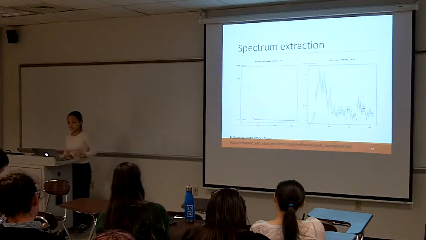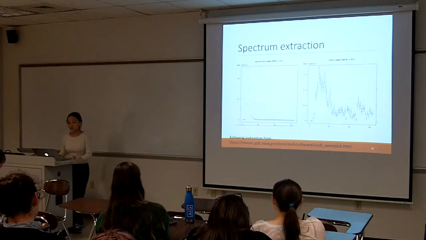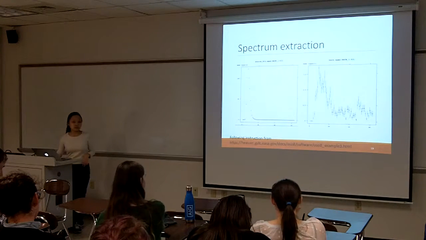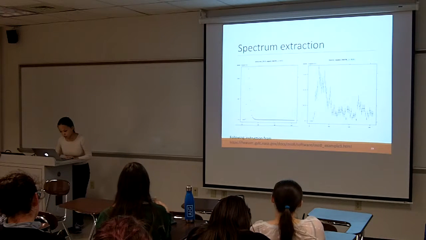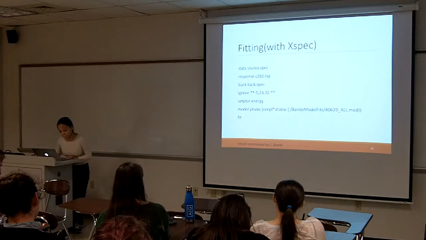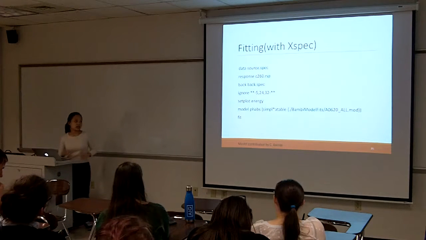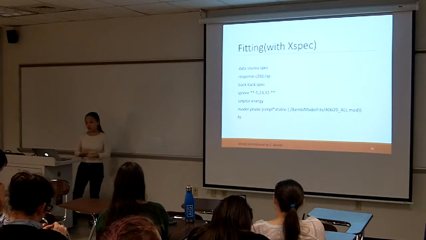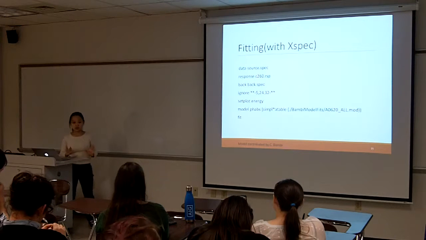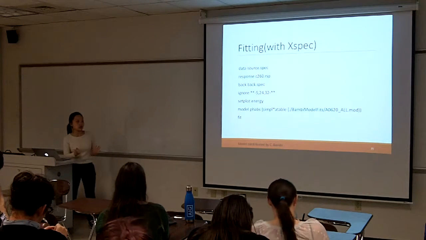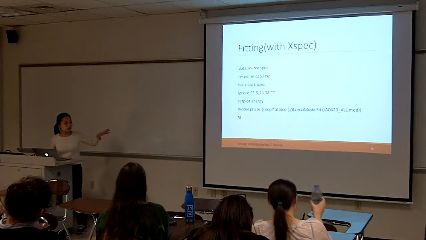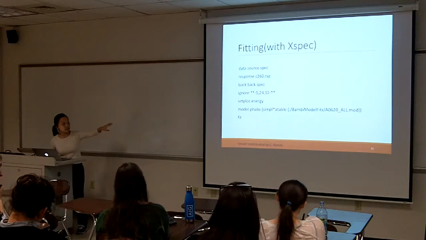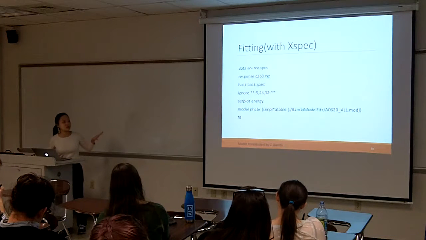It is in an article on the NASA website, and it just ignores it, so I guess it's not a very good data point. Then I set the plot, set the units to be energy, and then fit it with a model.